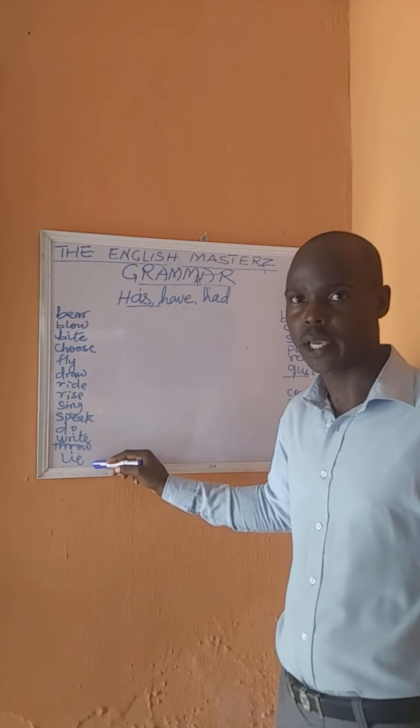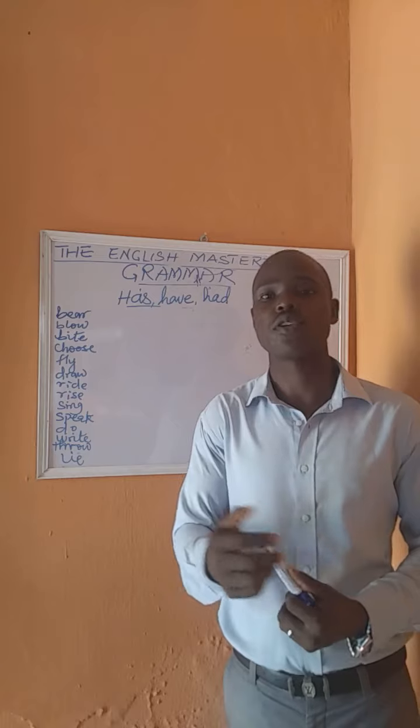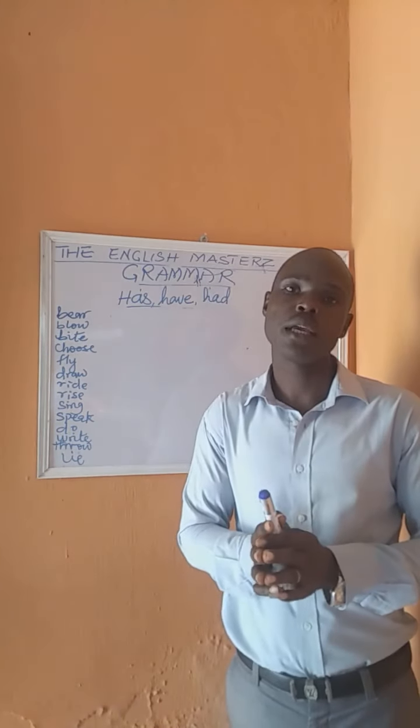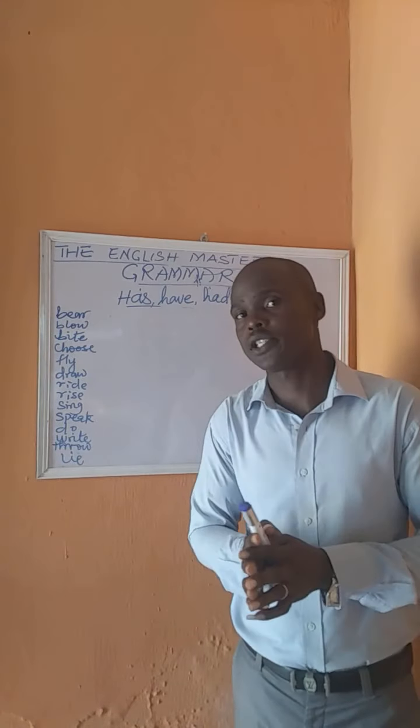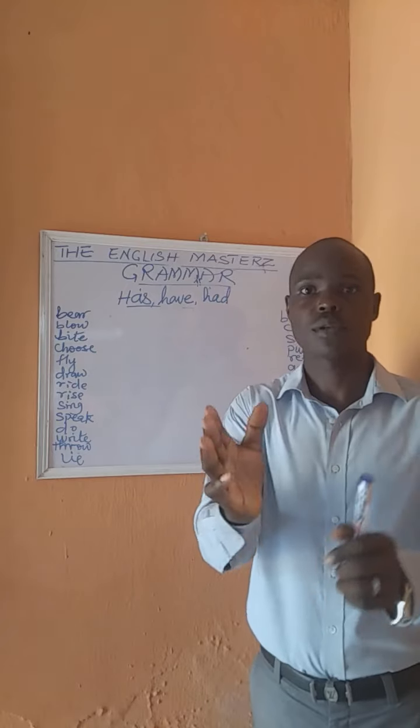Now lie, L-I-E. Lie can be used to refer to being in a rest position. If you're in a rest or prone position, that's the lie we are referring to, not falsehood, not untrue.